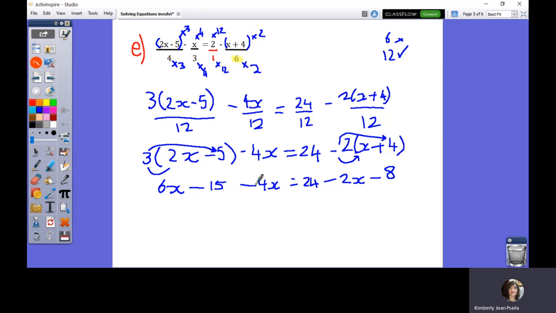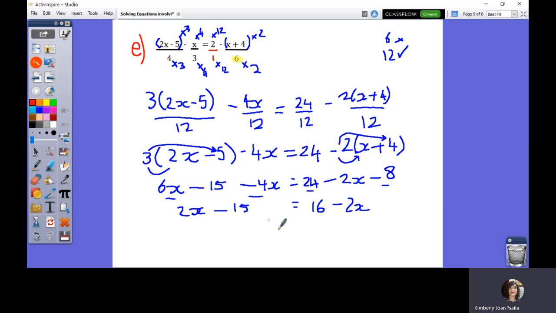And now we group. We can collect our expressions on the left and on the right. So 6x minus 4x gives us 2x minus 15 is equal to, we can group this 24 minus 8, which gives us 16 minus 2x.